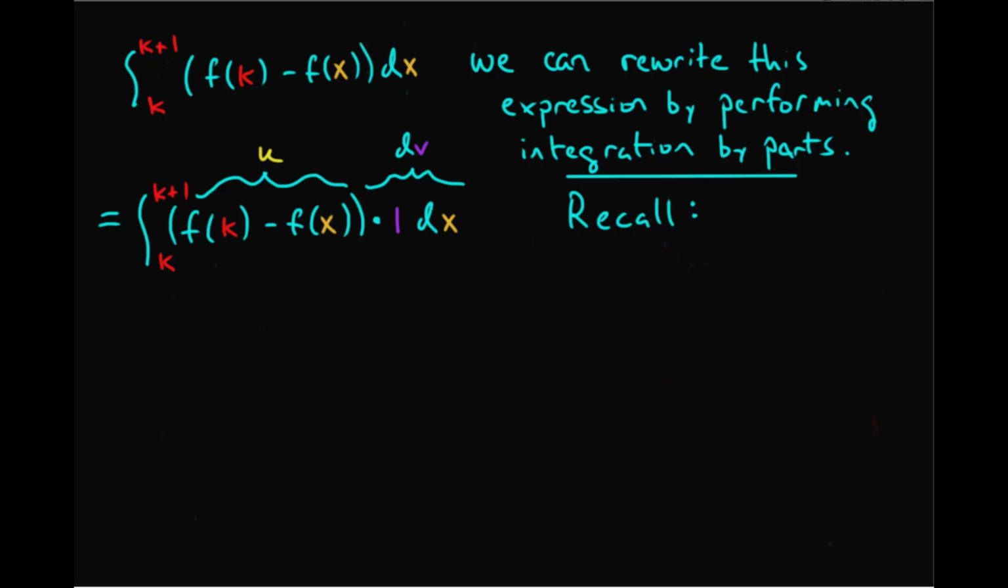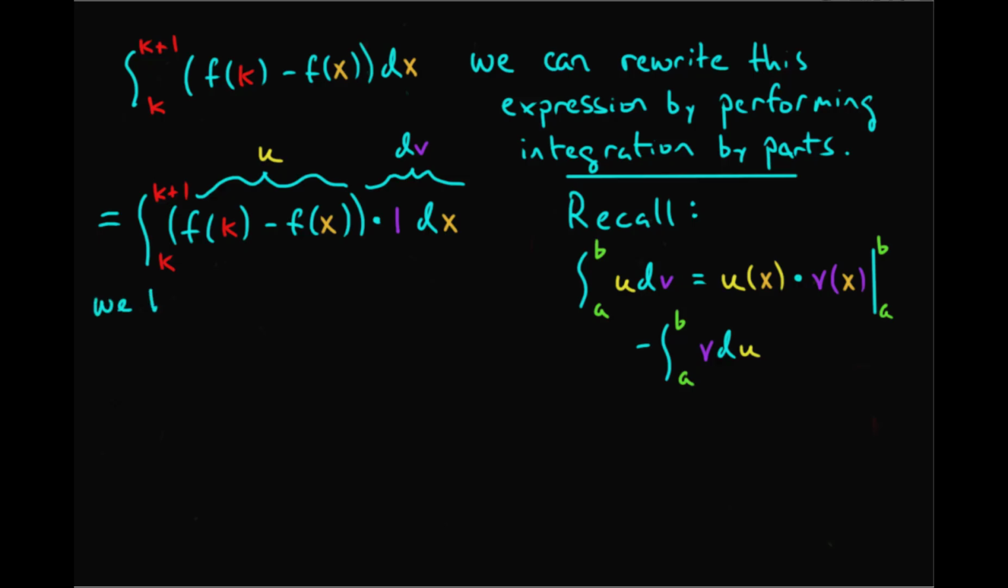And now I'm just going to ask you to recall what we do in integration by parts, which is to rewrite the integral from a to b of u dv as u of x times v of x evaluated from a to b minus the integral from a to b of the function v du.